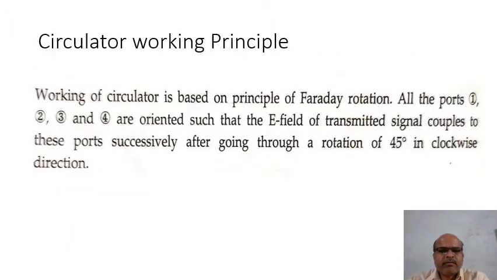So we will study the working of the circulator. The working of the circulator is based on the principle of Faraday rotation. All the ports 1, 2, 3 and 4 are oriented such that the electric field of the transmitted signal couples to these ports successively after going through a rotation of 45 degrees in a clockwise direction.